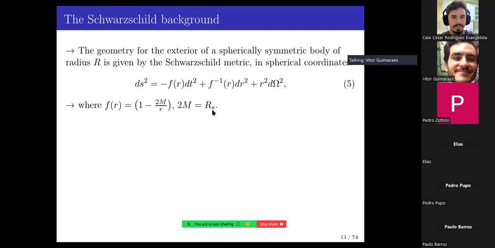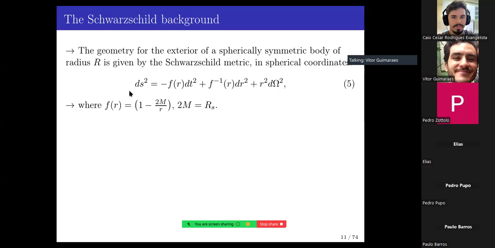The Schwarzschild radius is a property of these spherical objects. So the Earth, for example, has a Schwarzschild radius. The moon has a Schwarzschild radius. Stars have a Schwarzschild radius.